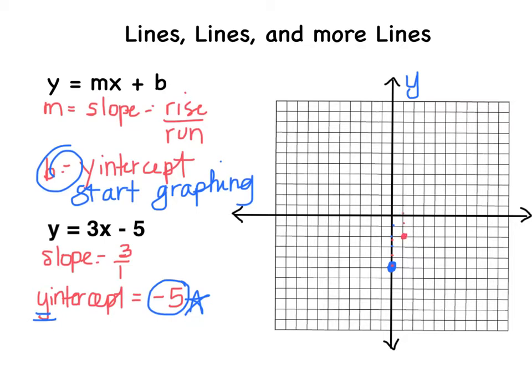This is a positive 3 over 1, so remember that I can also make this -3 over -1 because a negative divided by a negative gives me a positive, so it will also give me a positive slope. So from my main point here, I could also go down 3 and backwards 1. Once I have that in, I create my line, and I have graphed my line.